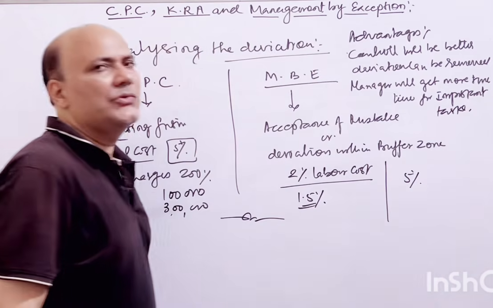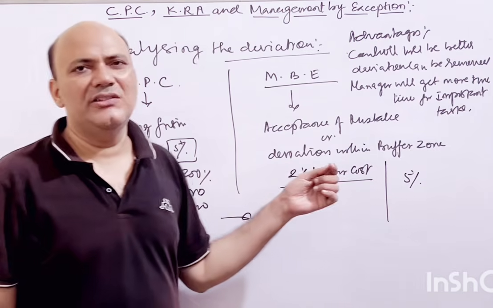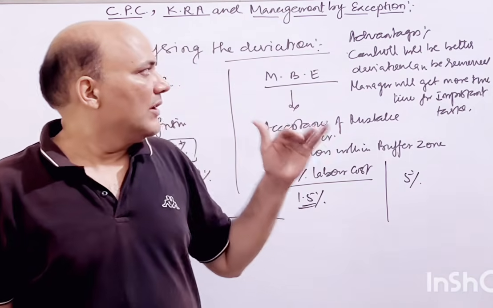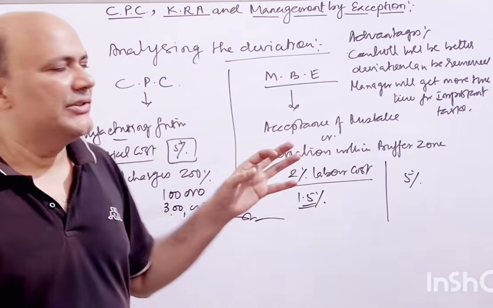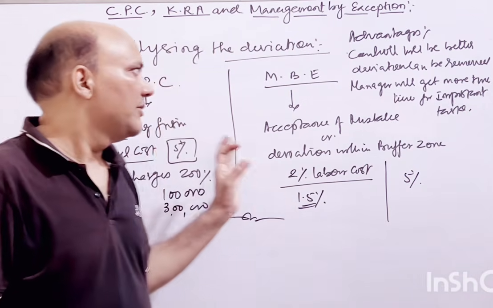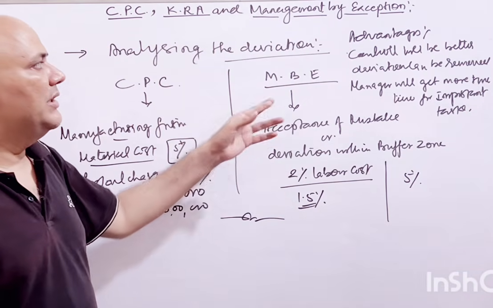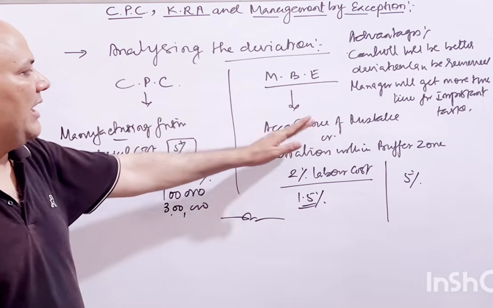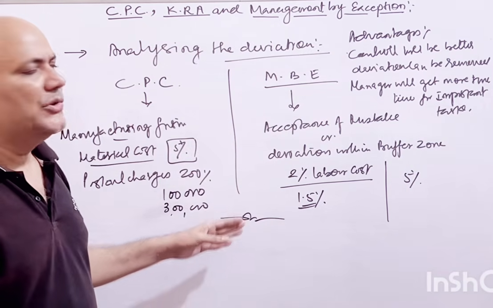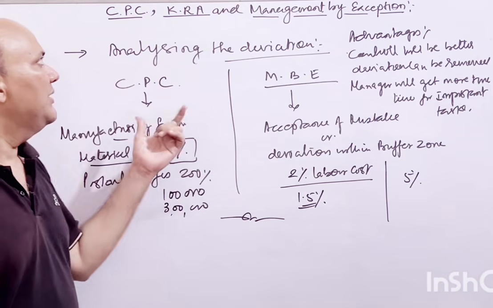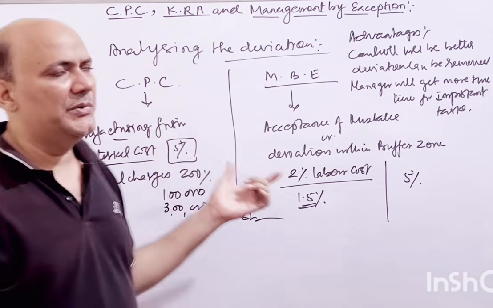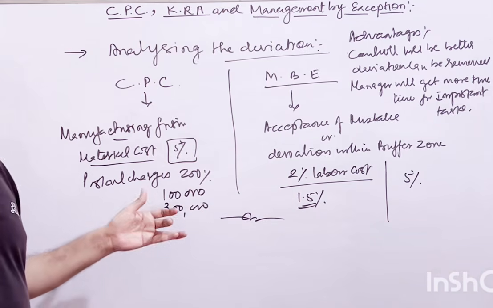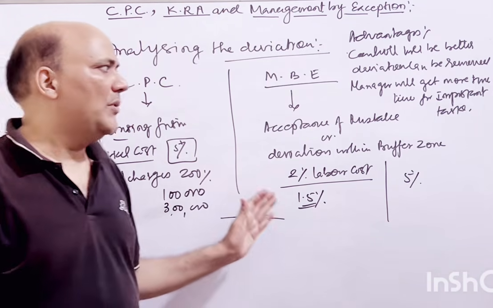So they can concentrate on the policy matters and the strategy kind of things, and they can concentrate on their competitors etc. and the market, so that they can have the advantage over the competitors and the peers, rather than having the regular and routine kind of work. So you need to understand this from the perspective of your question, which can come straight and which can come in the form of case studies.